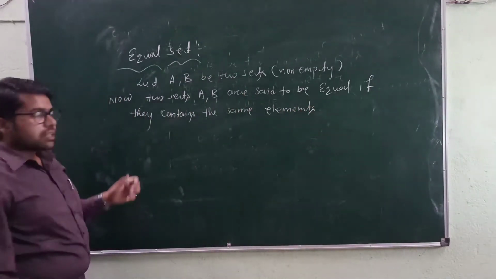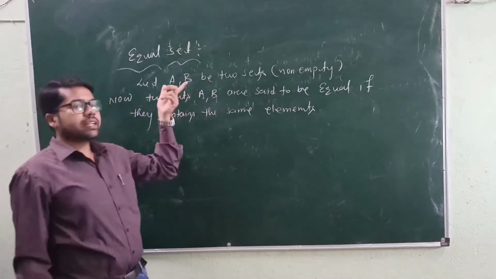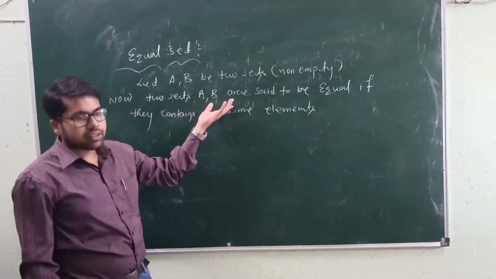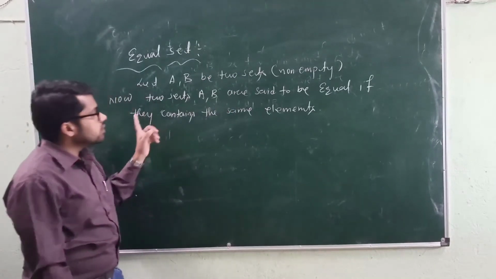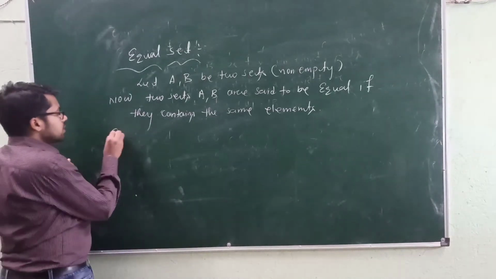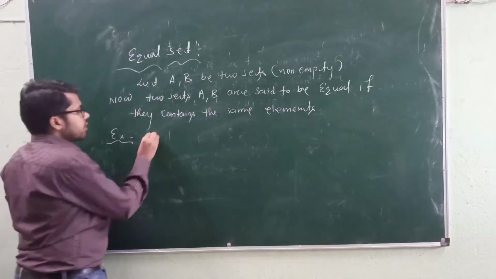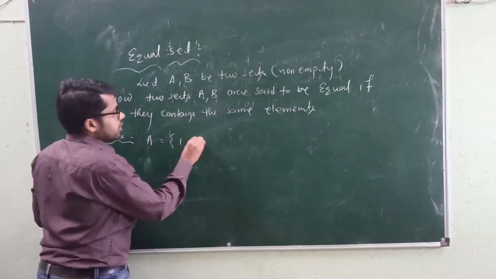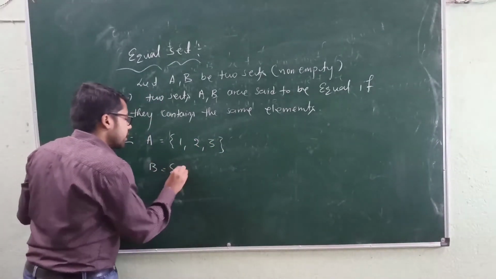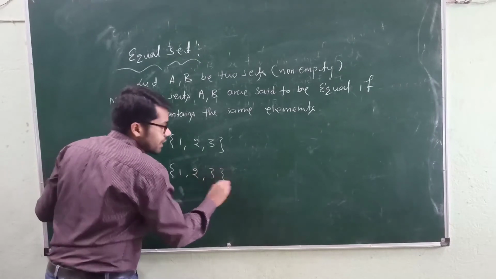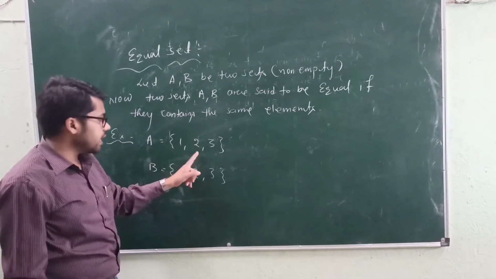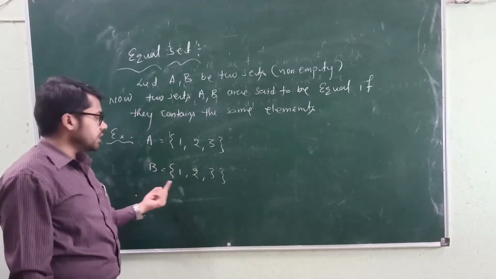That means what? The elements that are present in set A are again present in set B, then we can say that these two sets A and B are equal. See, for example, there is set A which contains 1, 2, 3. B also contains 1, 2, 3. That means every element of the set A is again present in the set B.